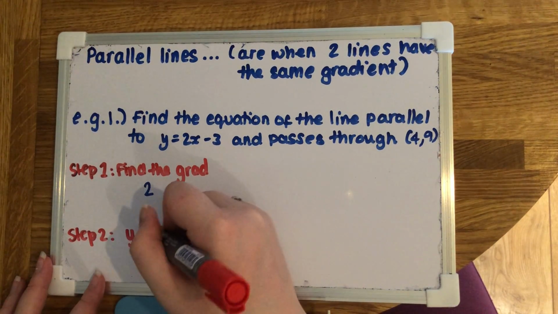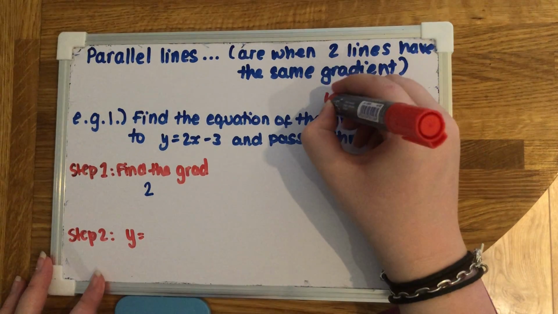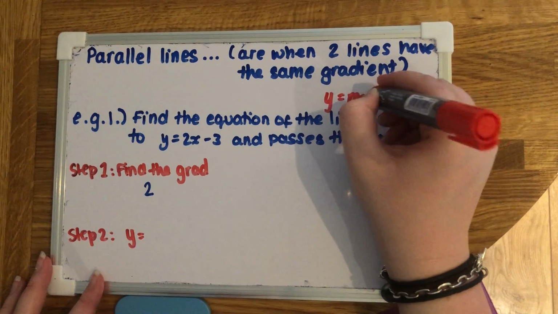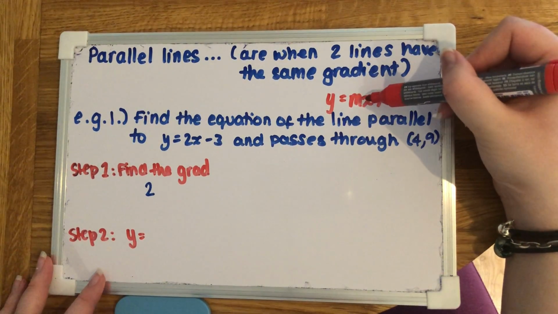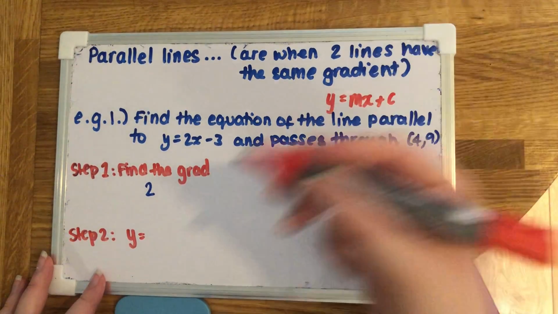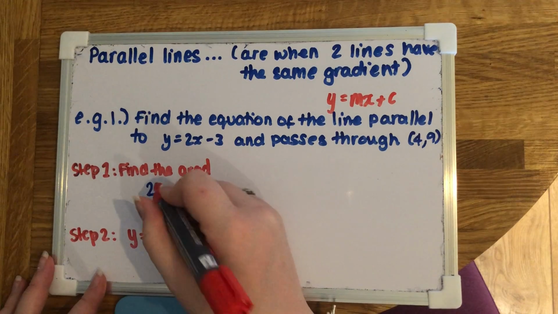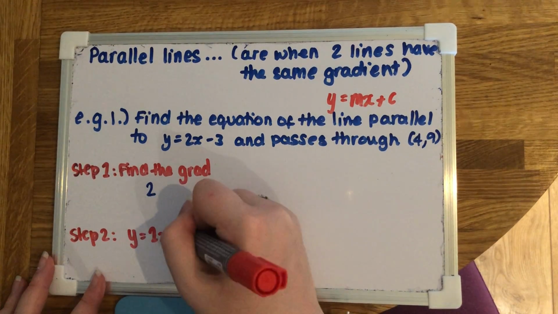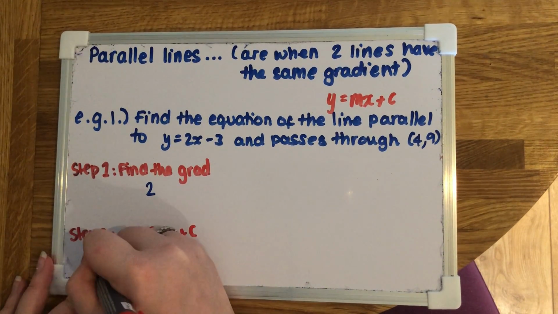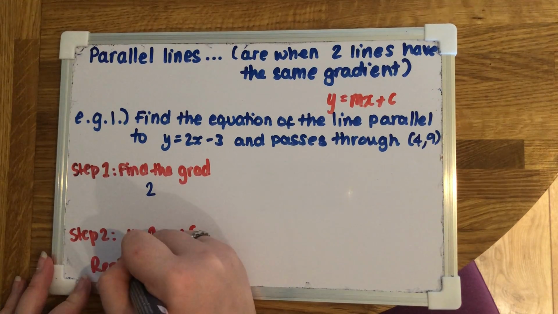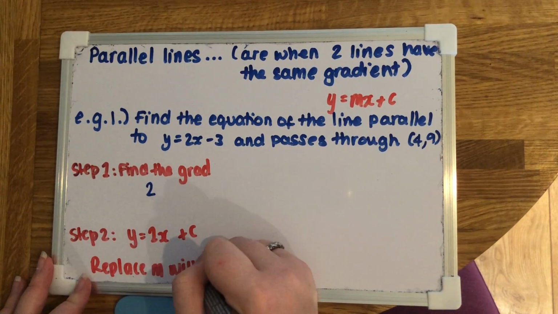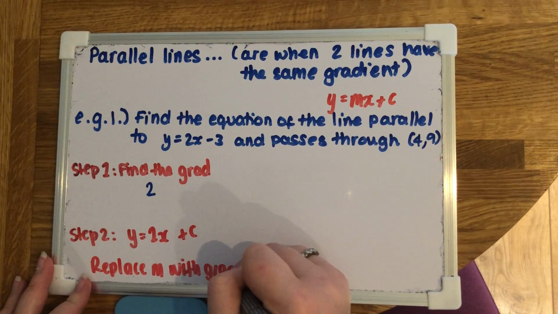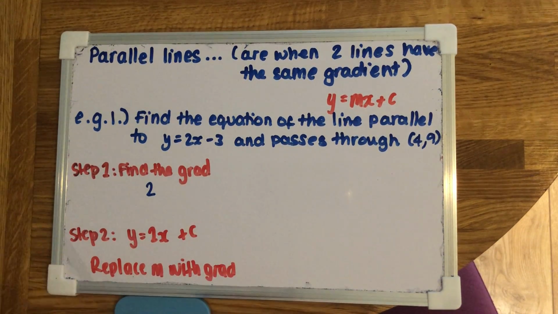So y equals mx plus c. Okay, but we know what the m is because we've just worked it out in step 1. So we're going to replace the m with the gradient.